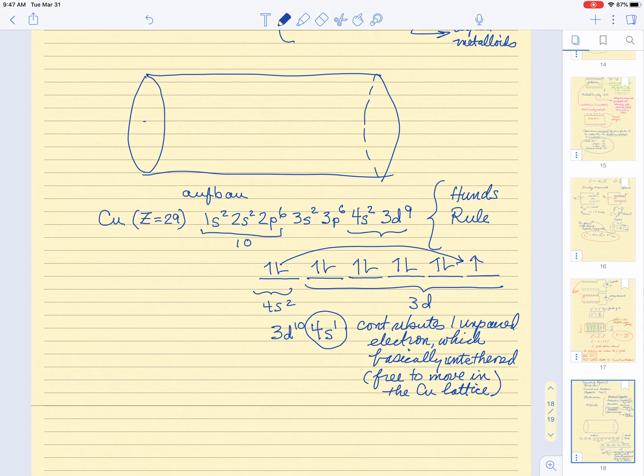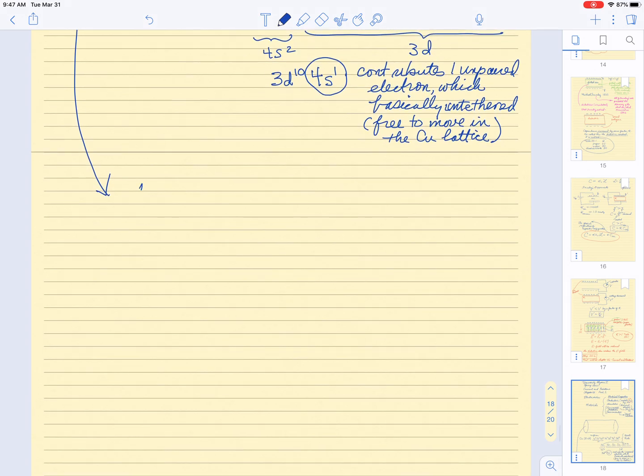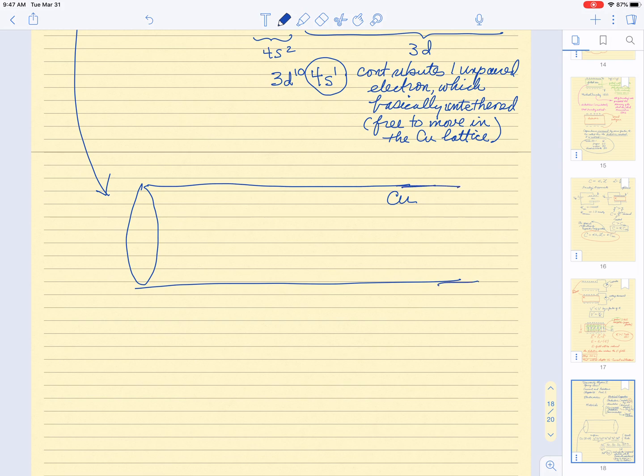So let's redraw this. Let's move down here. So here's our chunk of copper, which has all of these. Each copper then is going to contribute one 4s1 electron, and so we have what is commonly called a Fermi sea.